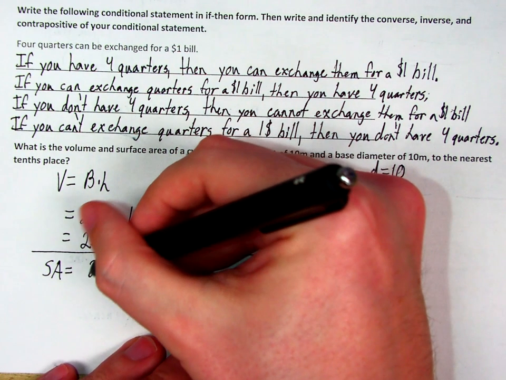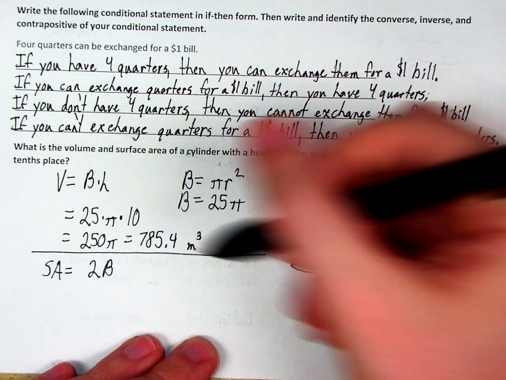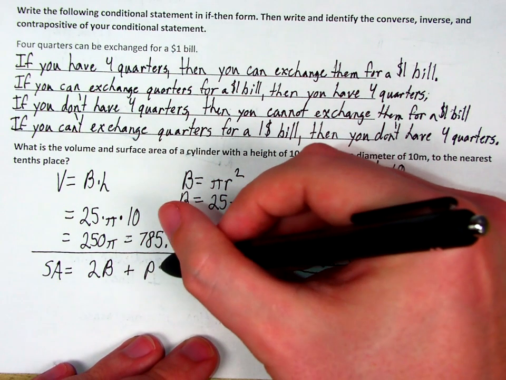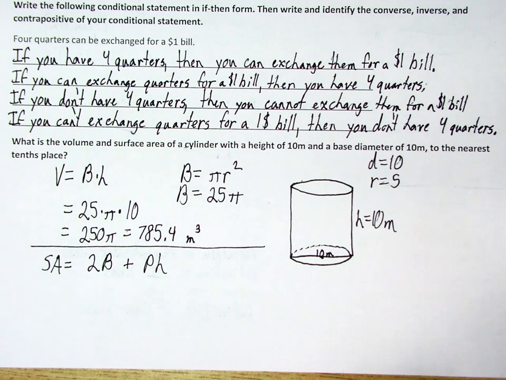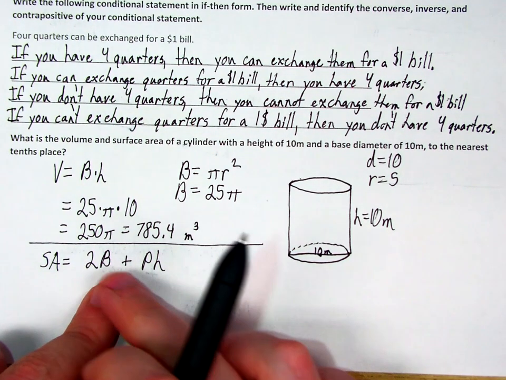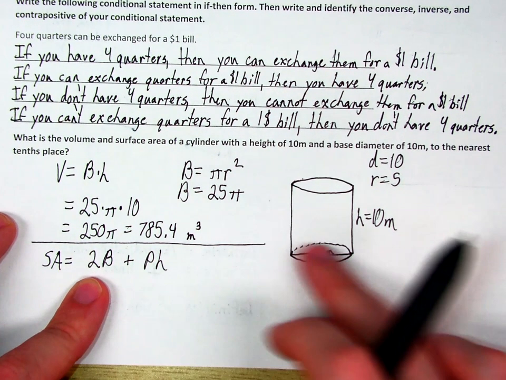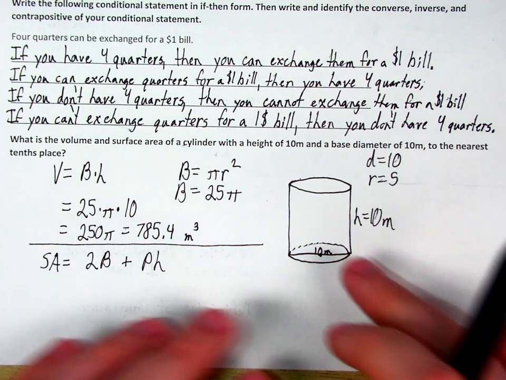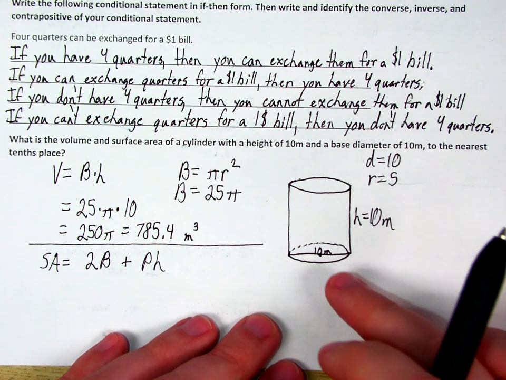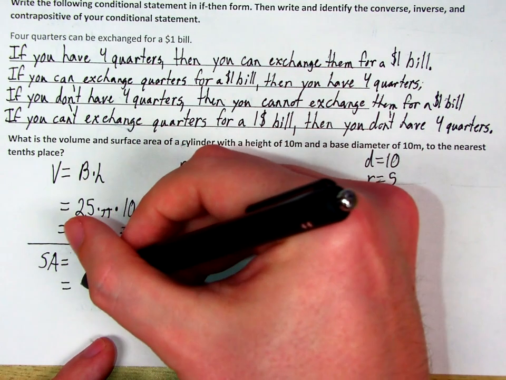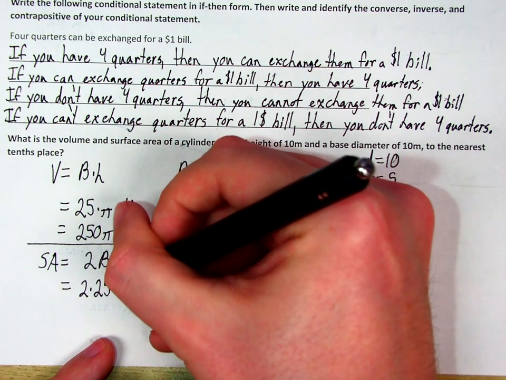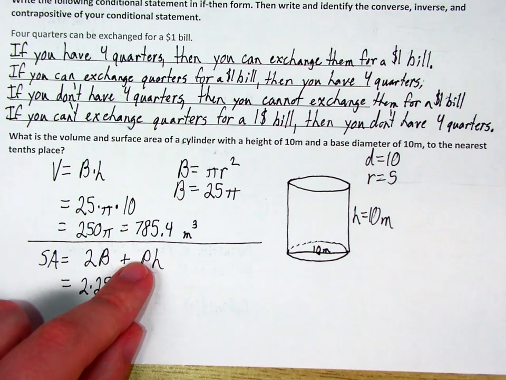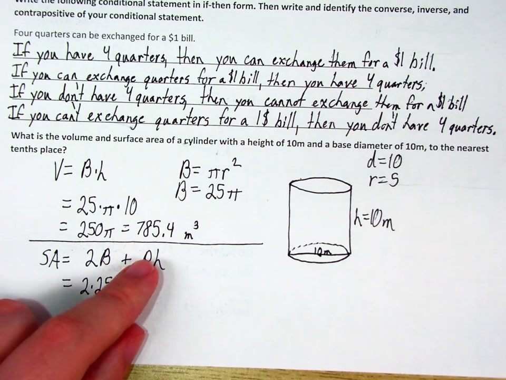Reference sheet says it's twice the base area plus the perimeter of the shape times its height. We already know for this cylinder what the base area was. It was 25 pi. We'll have 2 times 25 times pi. What you need to remember is we also need the perimeter of that base.